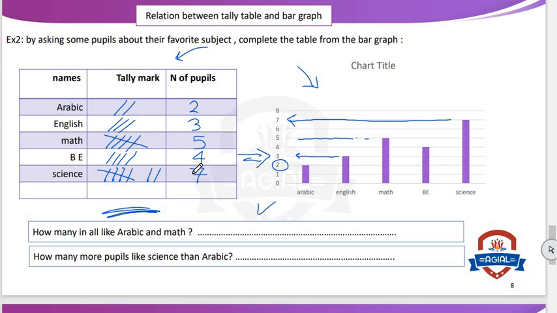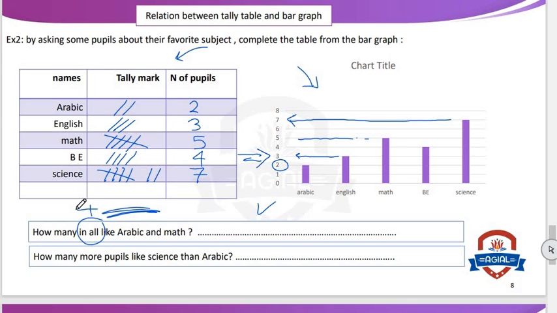Okay, let's solve. How many in all? In all means plus or minus? Yes, that's right, plus. But subtract, or more than, means minus.